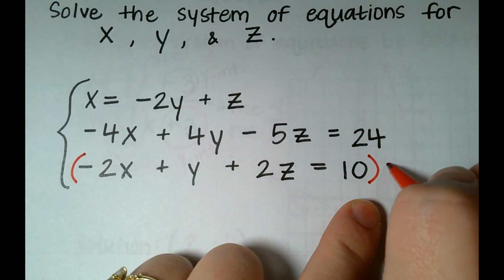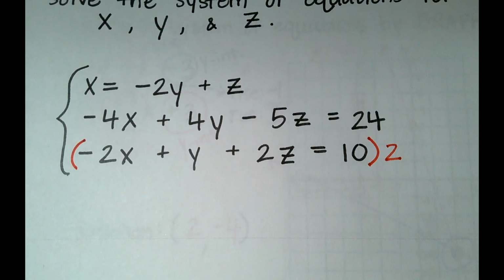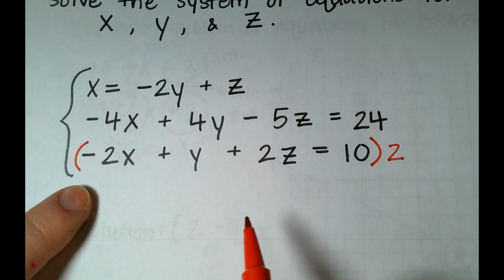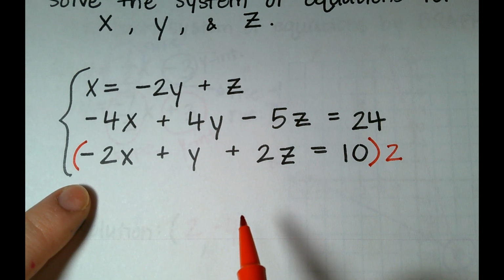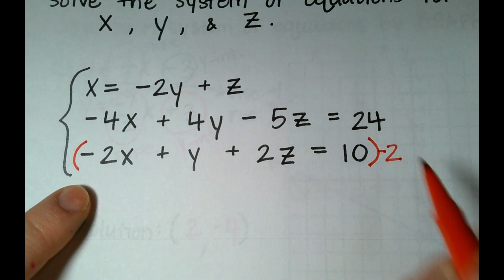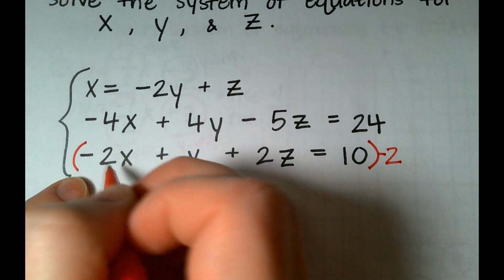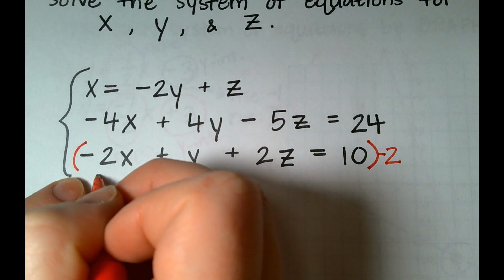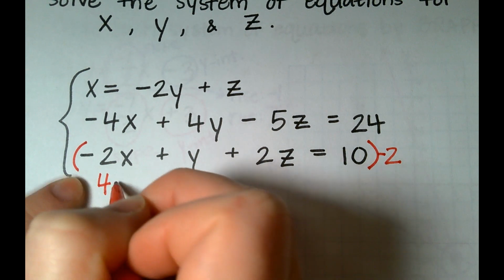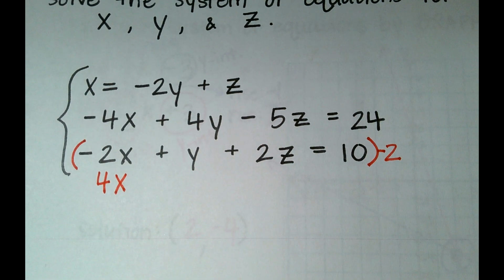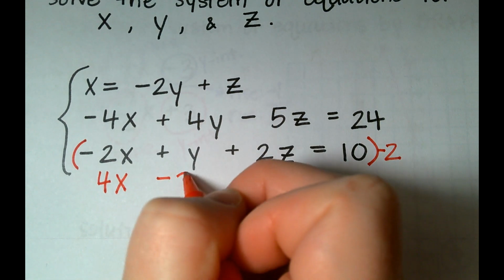Times 2. So that would make this, or you said negative 2. Yeah. Negative 2. Okay. So negative 2 times negative 2x, what would that give me? Yes, 4x plus y times negative 2, negative 2y.